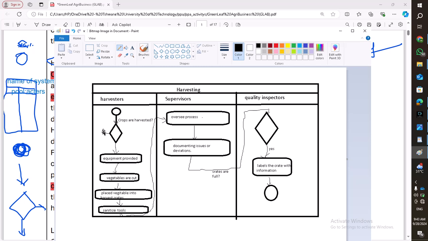Remember, the condition always has yes and no. So here, if it's a no, they wait. This one is going to be my no. Then there will be a condition again. Remember, you can't leave a block in an activity diagram hanging like this. It should have a next task or be the end of the process.